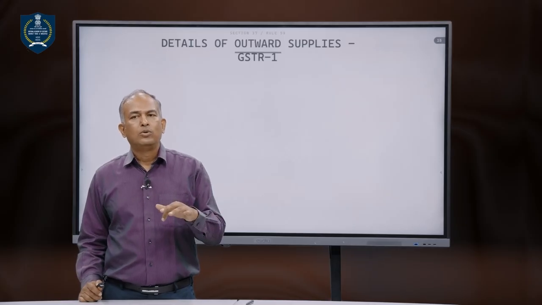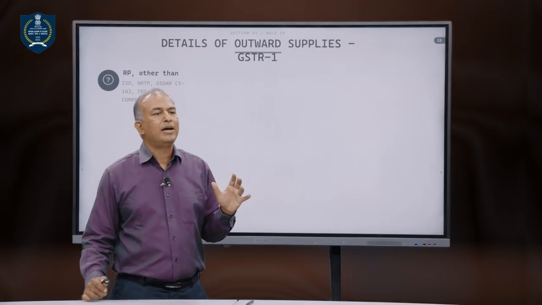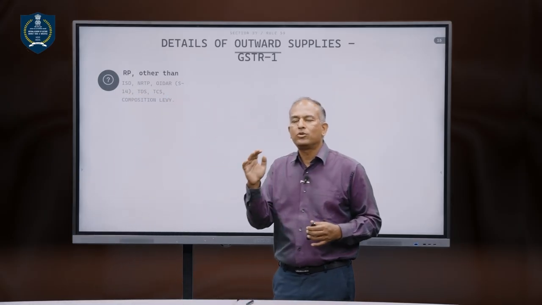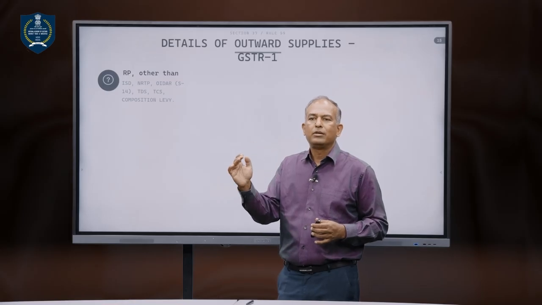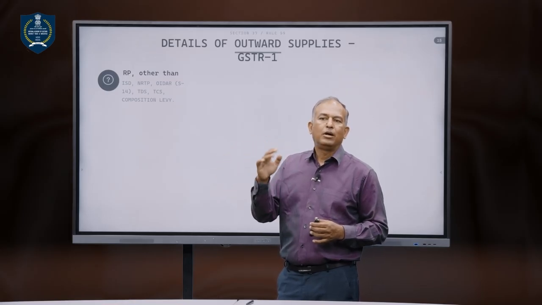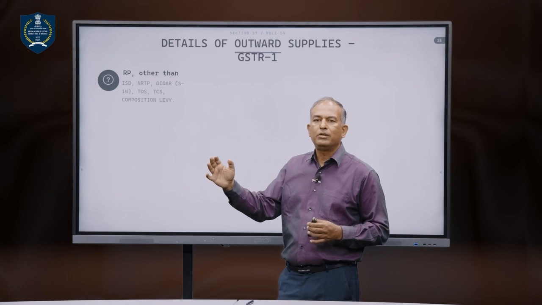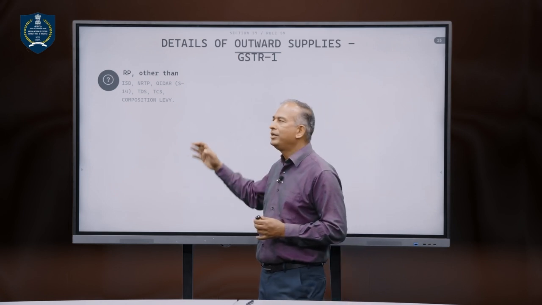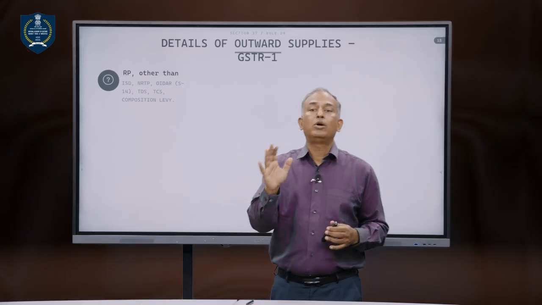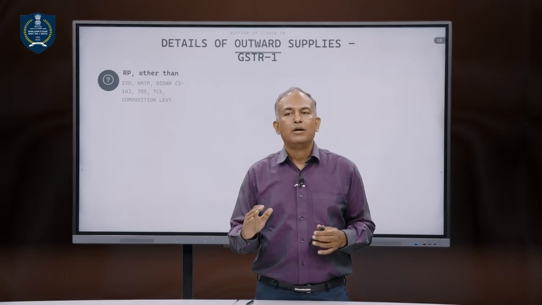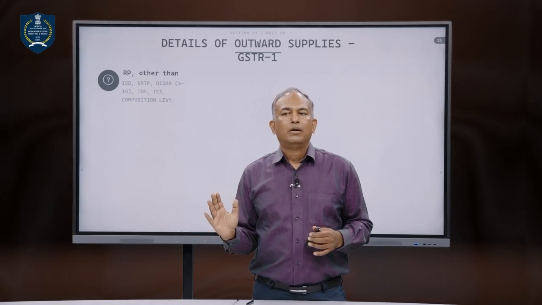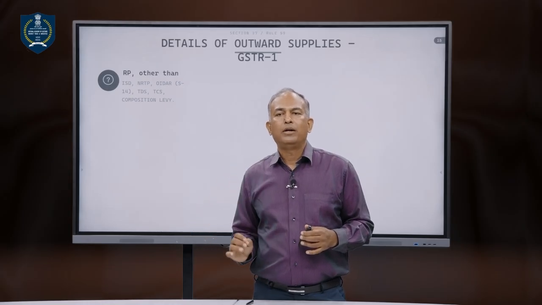It tells you taxpayers other than composition levy, non-resident taxable person, a non-resident online service provider, input service distributor, a TDS and a TCS person. These people are not required to file a GSTR 1. That means, other than these taxpayers, whoever is registered in GST needs to file a GSTR 1.